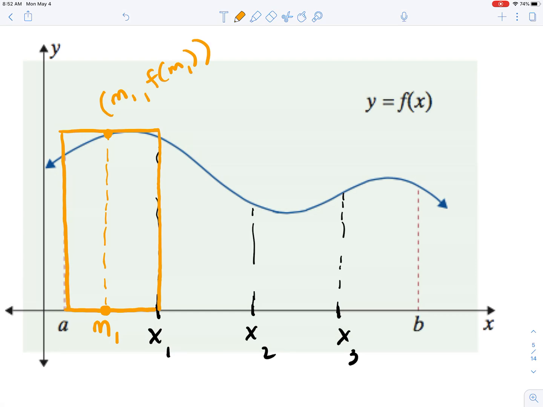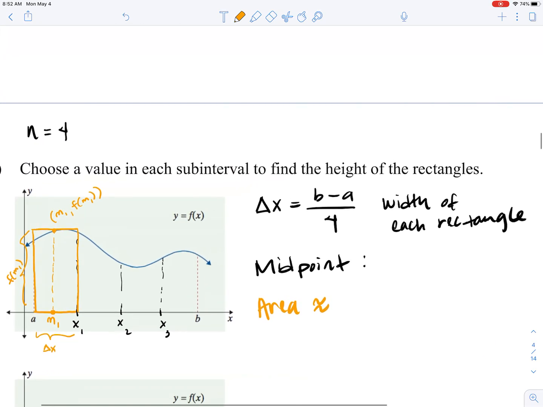And then I could draw my rectangle, so the height corresponds to that point on the curve. That rectangle has a width of delta x and a height of f of m sub 1.